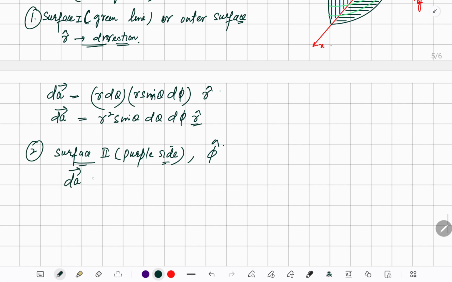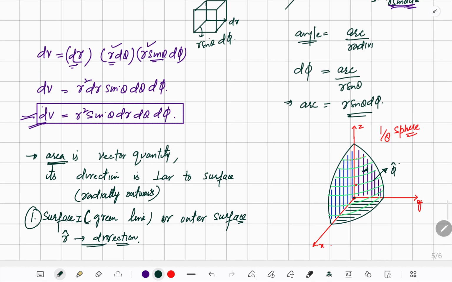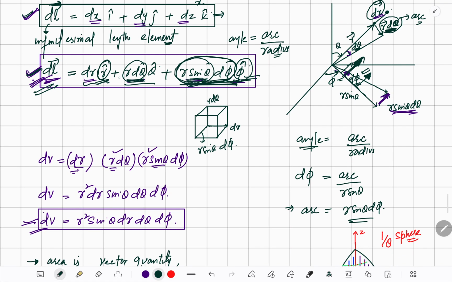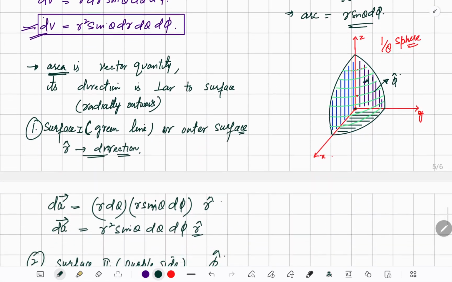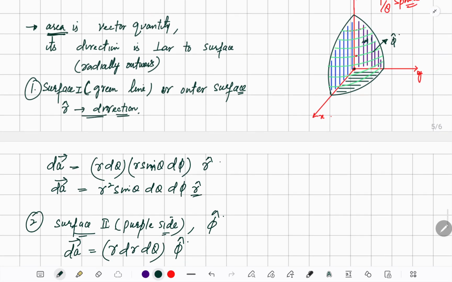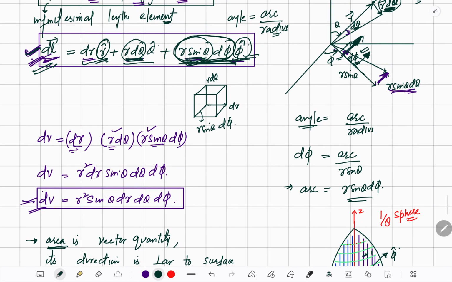The area would be decided by the other two sides or other two elements. So this part will give us the direction, the other two parts will give us the area, r dr d theta phi cap. Again, let me check, r dr d theta phi cap.